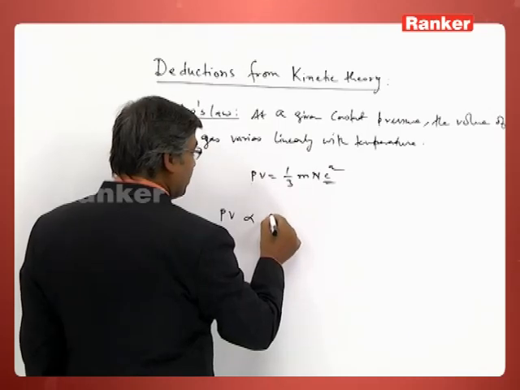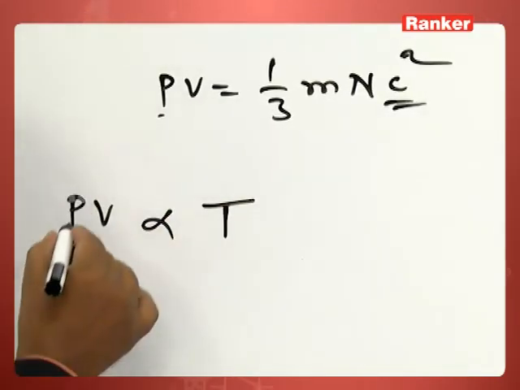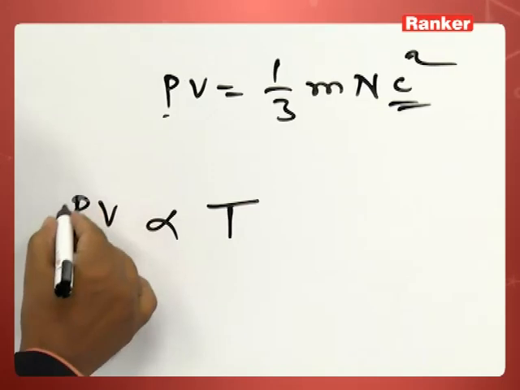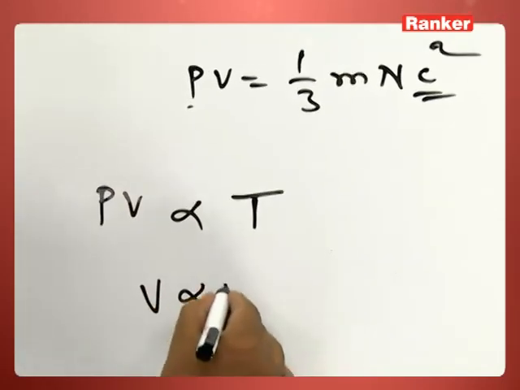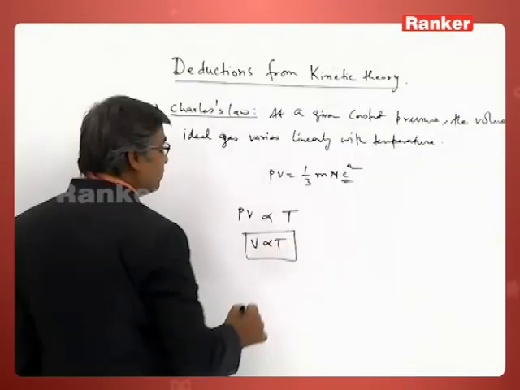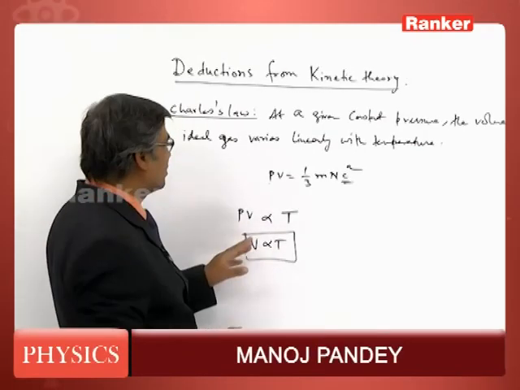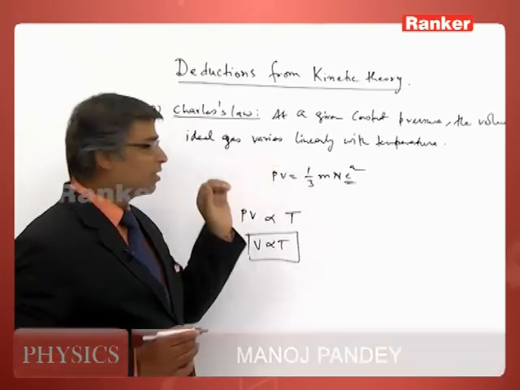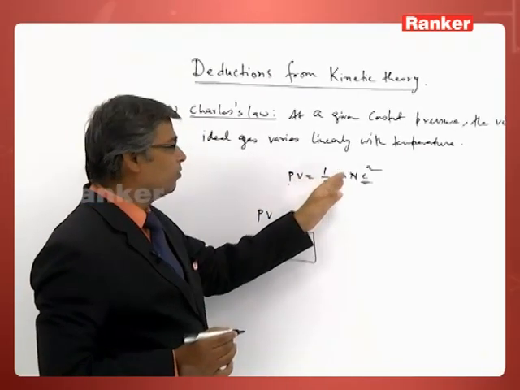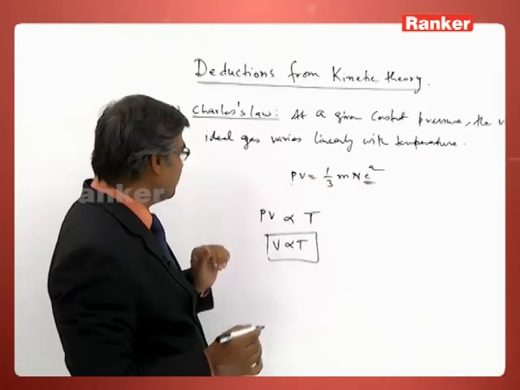So we will call this proportional to T, and since P is also constant, V is proportional to T. So V is proportional to T whenever P is constant. You can see this is a direct consequence of PV is equal to 1 by 3 mn c square.